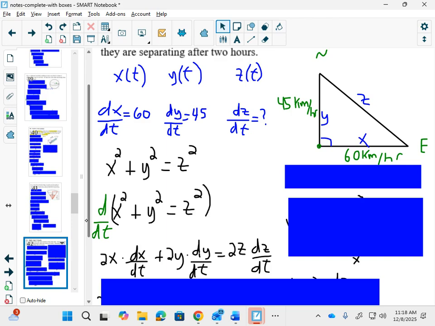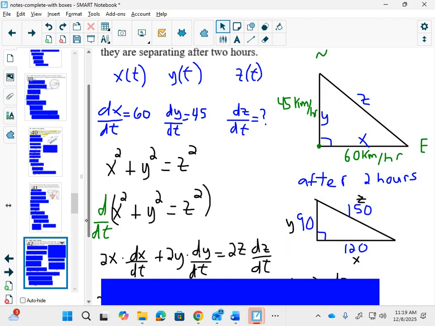How could I figure this out? Well, what would our triangle look like after 2 hours? Does it make sense that the one distance would be 90, the other distance would be 120, and if you did a squared plus b squared equals c squared, the z would be 150.